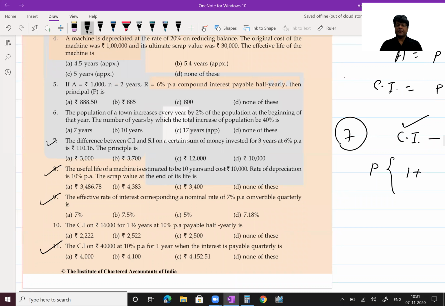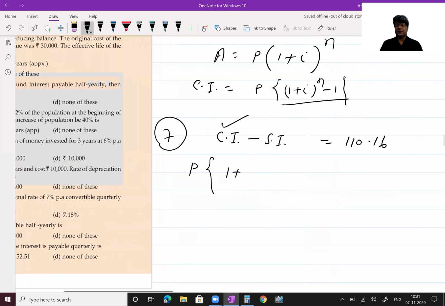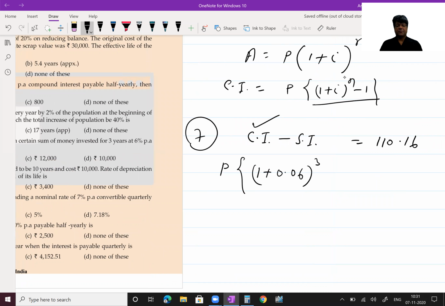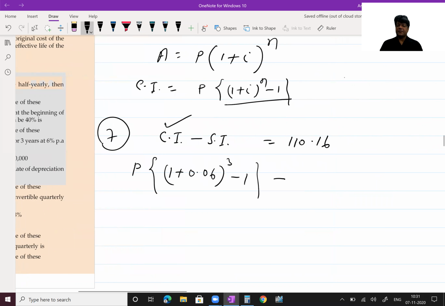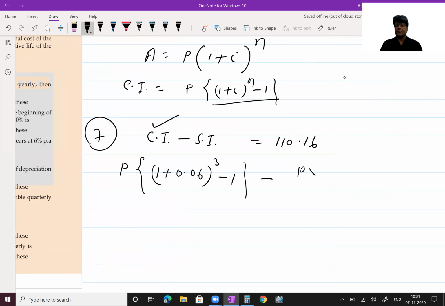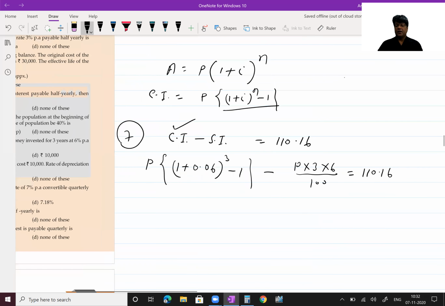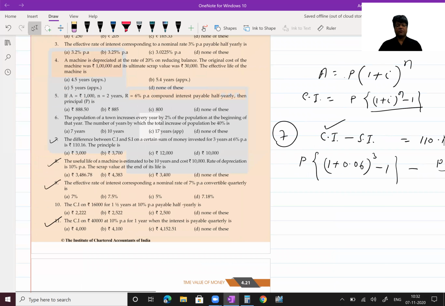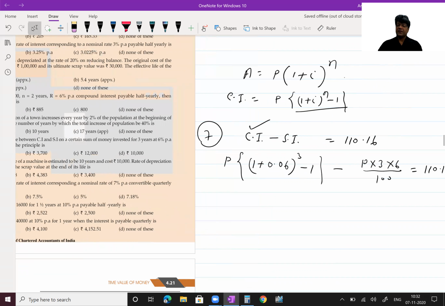In question number 7, the rate of interest is 6%, that is 0.06, to the power n, the number of years, 3 years, minus 1, minus simple interest. Simple interest, guys, the formula is very simple, P into T, T is 3, rate 6, divided by 100. Now you have to solve this. Since they have asked for the principal, guys, either you can solve it or you can go by option hitting also, but I will prefer solving.